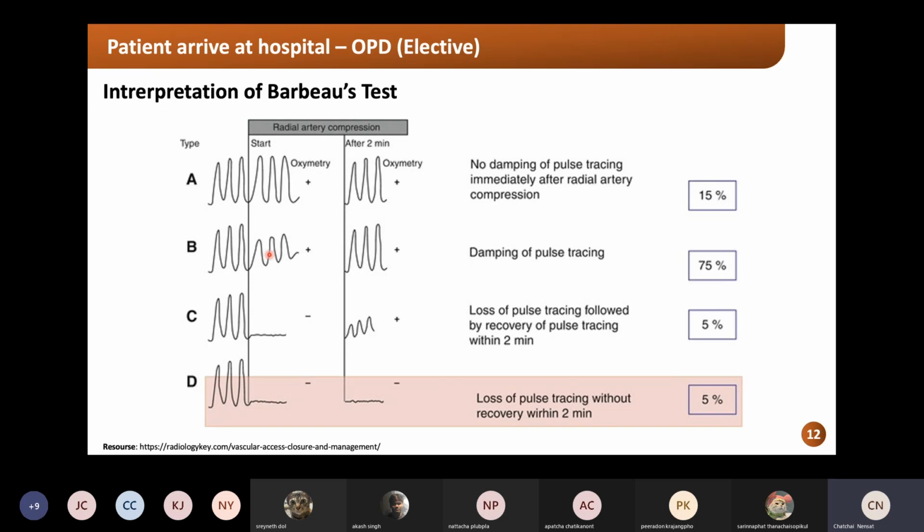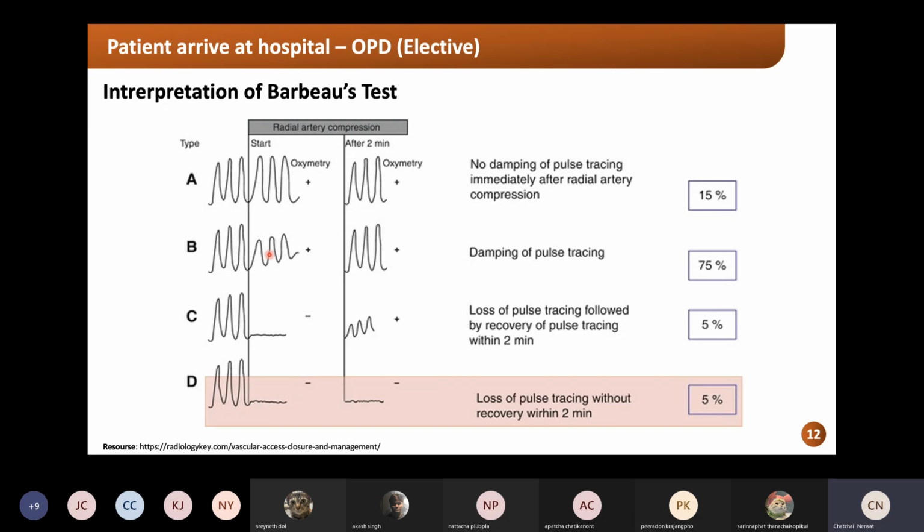But for type C, when you compress both the radial artery and ulnar artery, you won't see any pulse wave on the pulse oximeter. And after 2 minutes, after you release your fingers, you will see just a little bit of pulse wave, a little amplitude showing on the pulse oximeter.